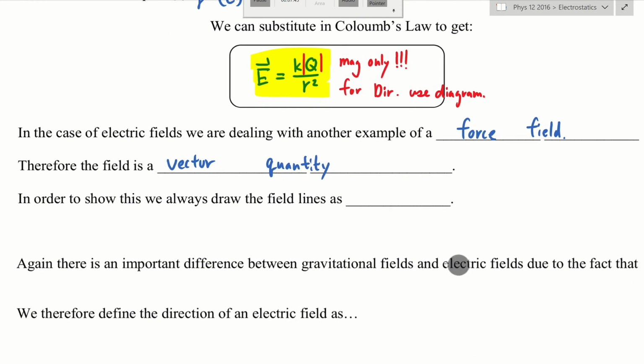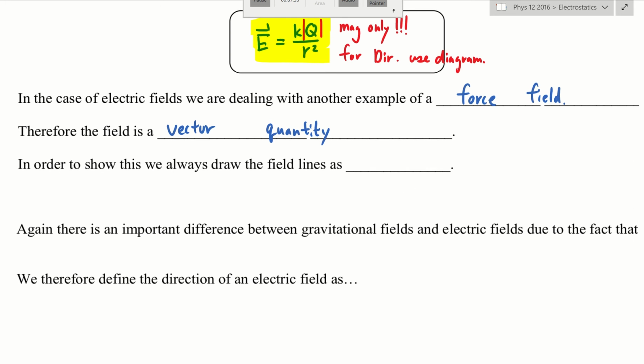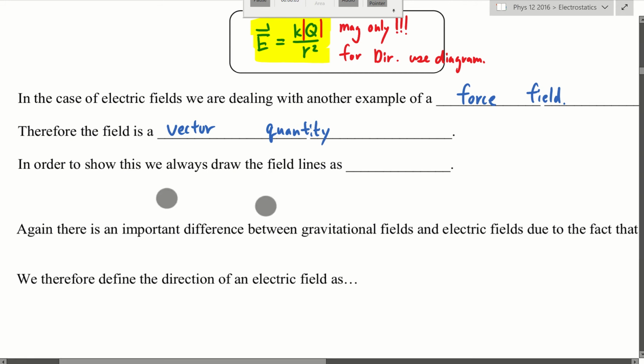So in order to show this vector quantity, what we usually do is when we draw the electric field line, for stronger charge, we draw more lines. For weaker charge, we draw fewer lines. But what is the electric field line actually representing?